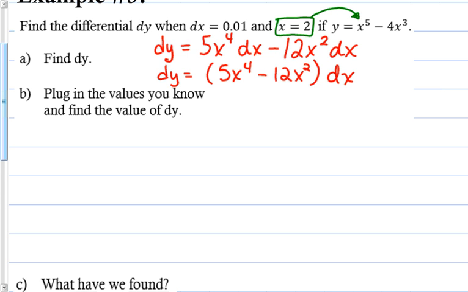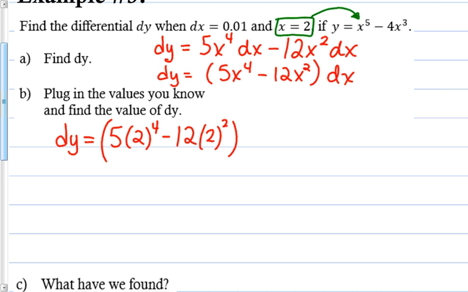So I'm going to proceed. Okay, so dy, I don't know what that is because that's what I'm finding. 5 x to the 4th. X is 2 to the 4th minus 12 times 2 to the 2nd power times dx, and dx was 0.01.